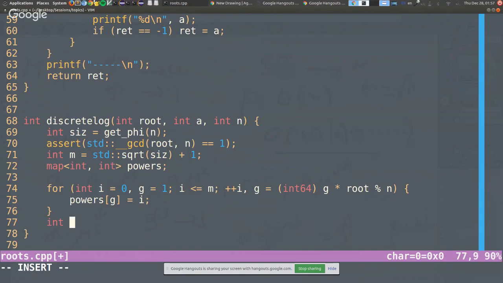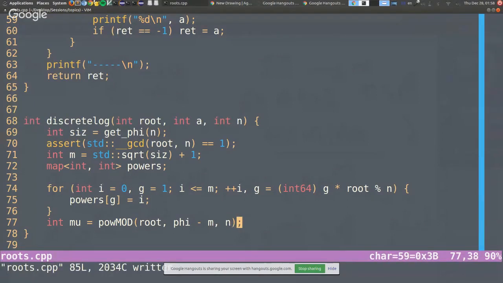Then we go to the new value. This we can compute using the power mod: the root to the power, basically we want minus m, mod n.